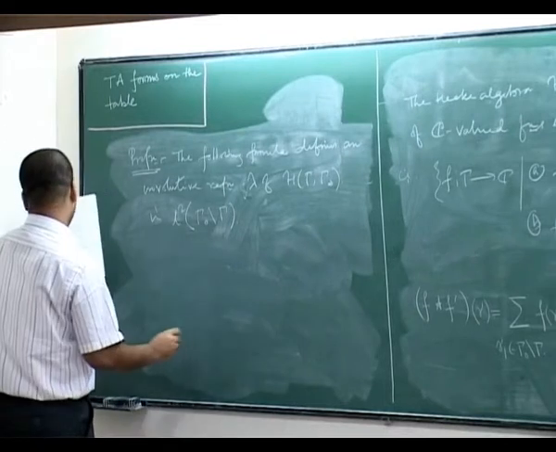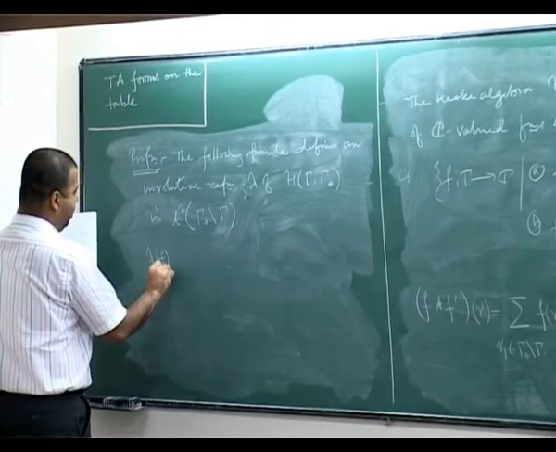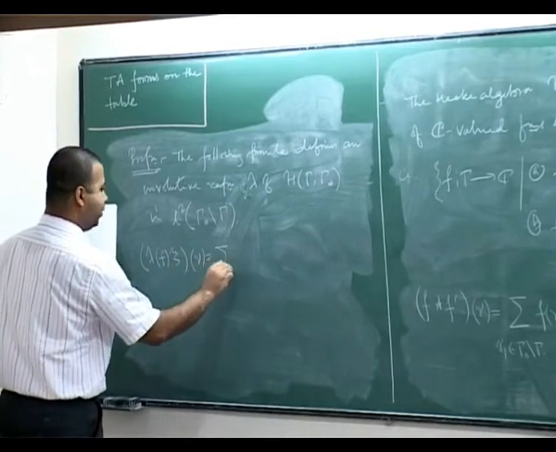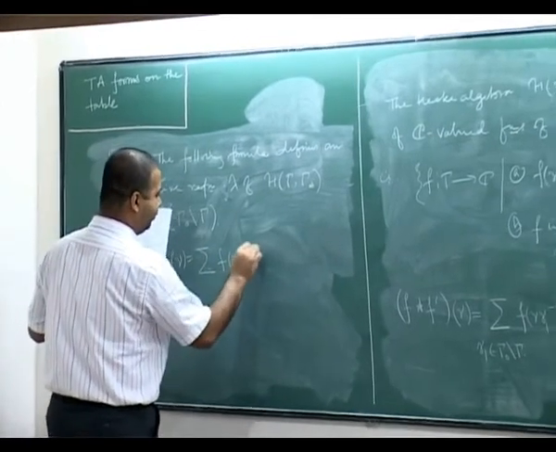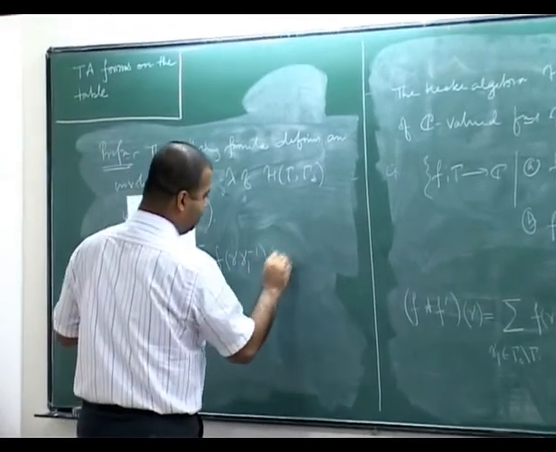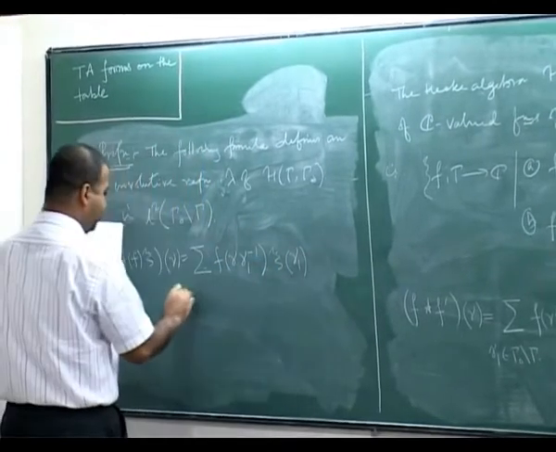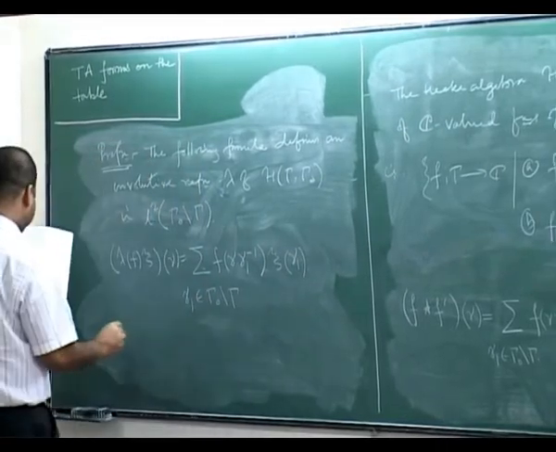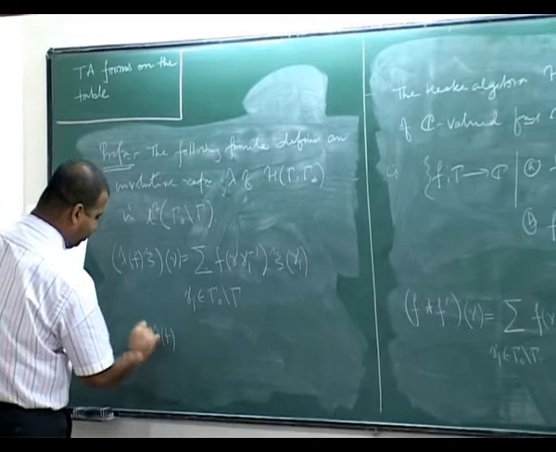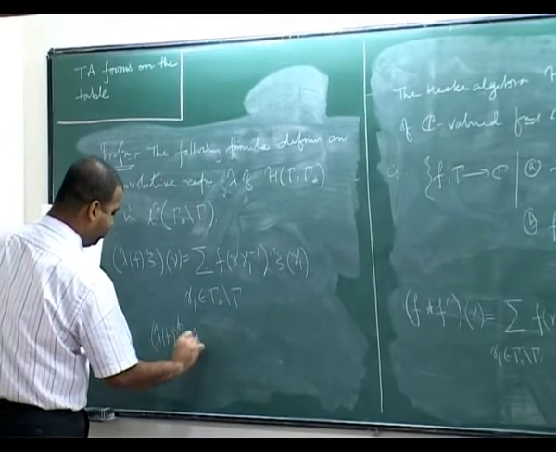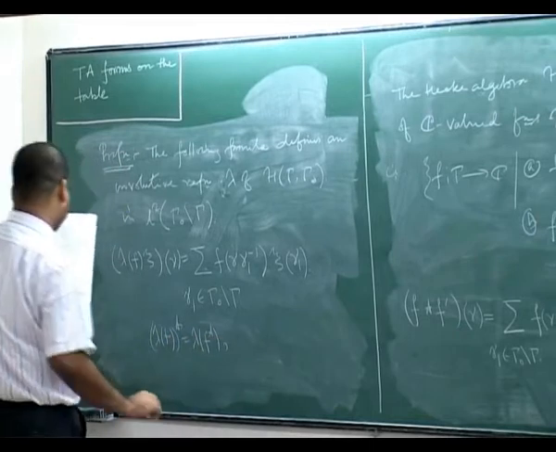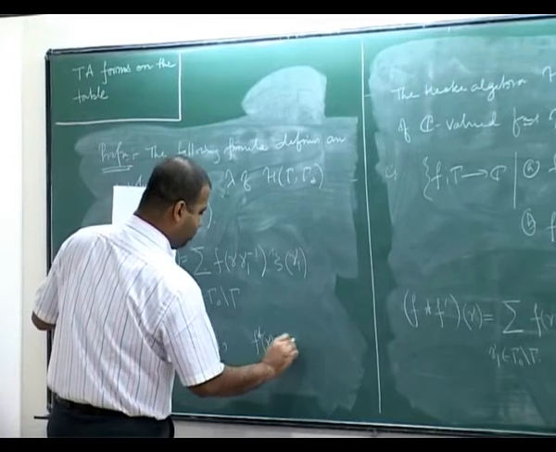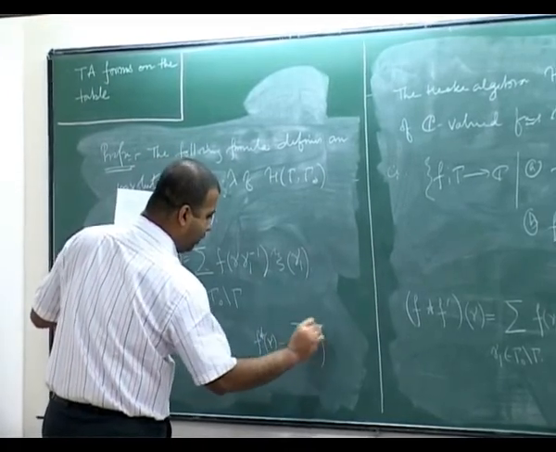So lambda of f at xi acting on gamma is summation f, same formula, and this is a principle really, where f star of gamma is f of gamma inverse bar.